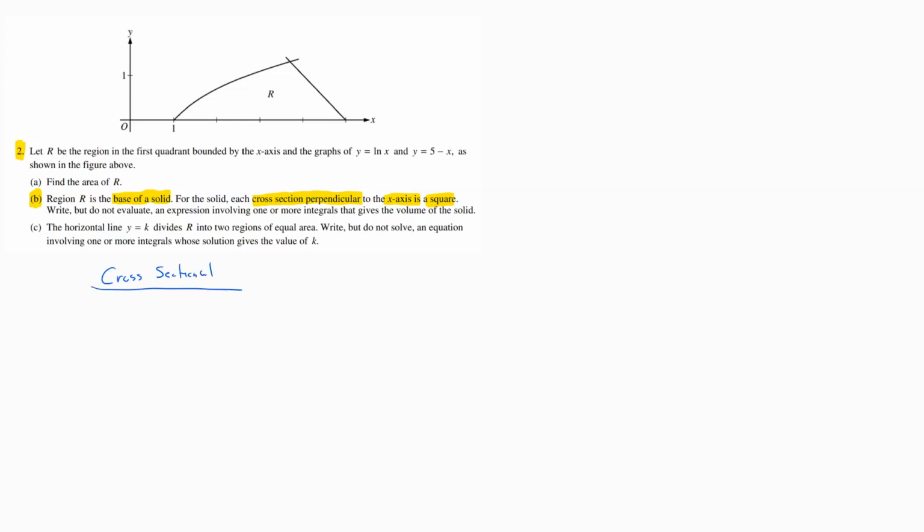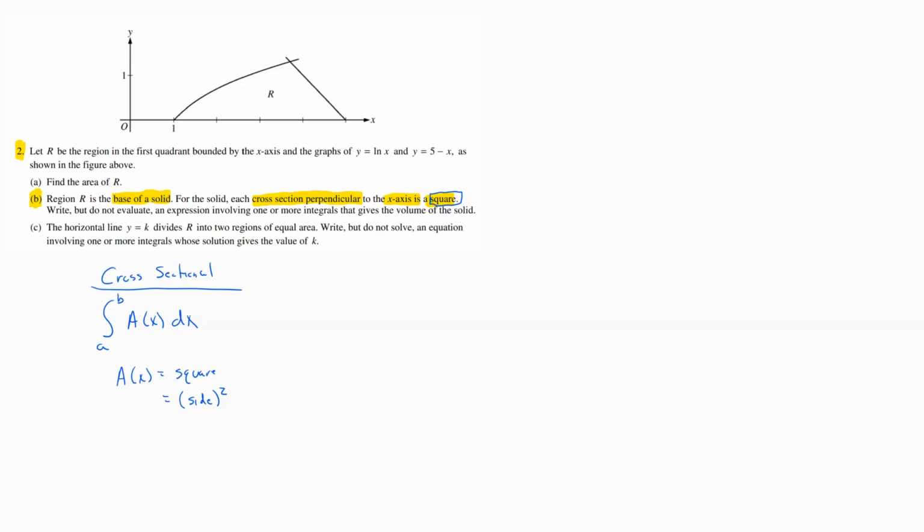That's an integral formula: the integral from a to b of whatever your area formula is, dx. For this problem, we're dealing with the area of a square, which is really side squared.